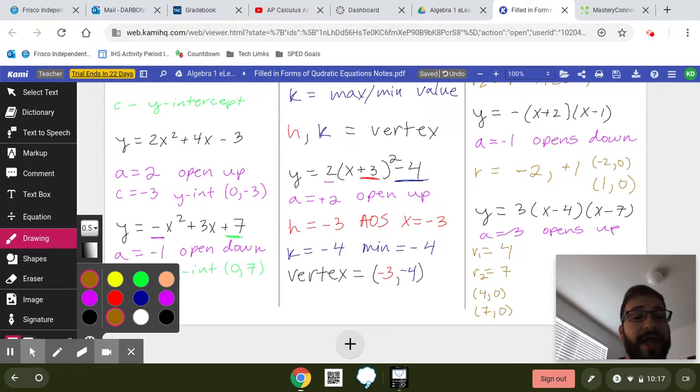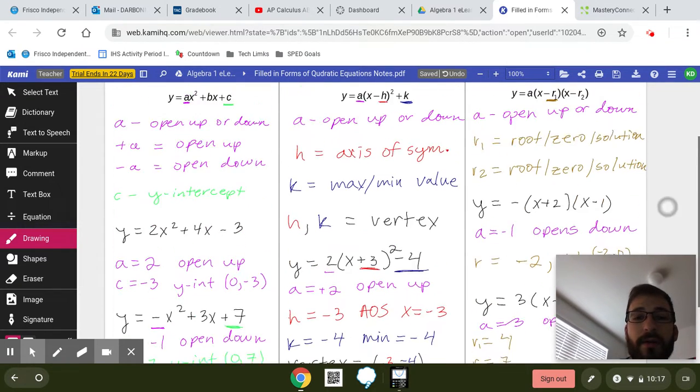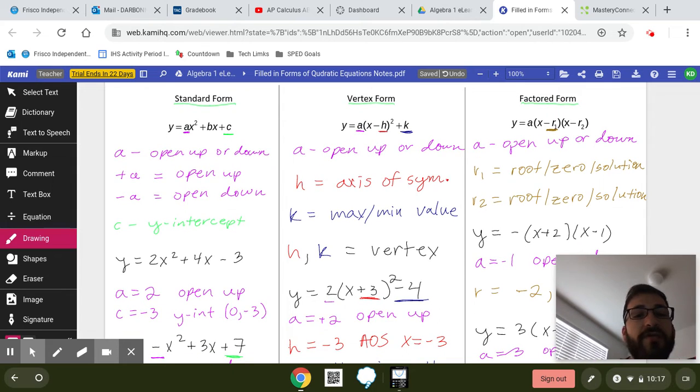So just as a recap on our three forms, standard form we use to find if it opens up or down, and then the y-intercept. Vertex form we use to see if it opens up or down, and then the vertex, which also gives us the axis of symmetry and the maximum and minimum value. And then factored form we use to find if it opens up or down, and our roots, our zeros, our solutions, or essentially our x-intercepts.